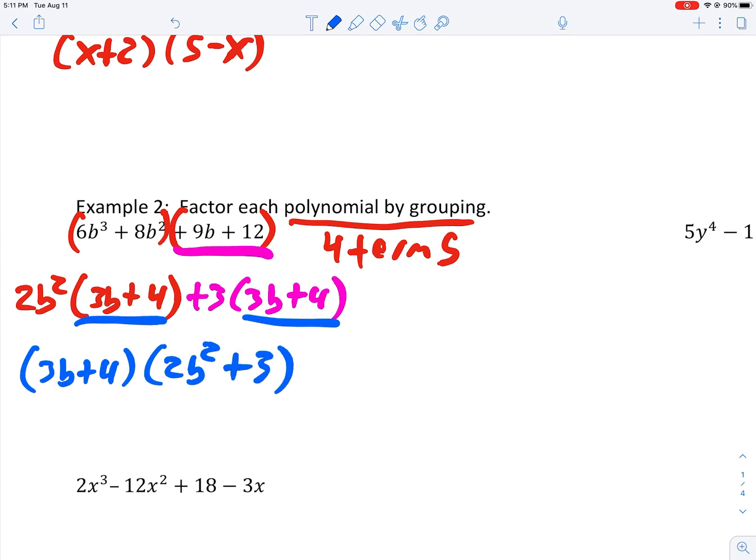Then I check, because sometimes I could miss and there might have been a GCF. There's nothing there, and there's not a difference of squares, so I'm completely factored. All of the factoring methods that you learned in Math 2 still apply. You could still have a GCF, you could still have a difference of squares, and you could technically still have a difference of cubes, though not too often. So you've got to be careful with that.